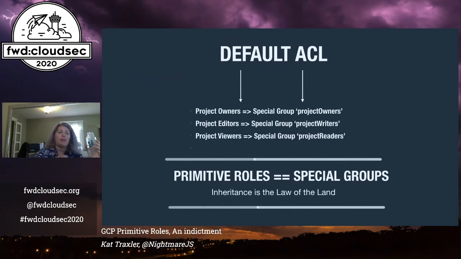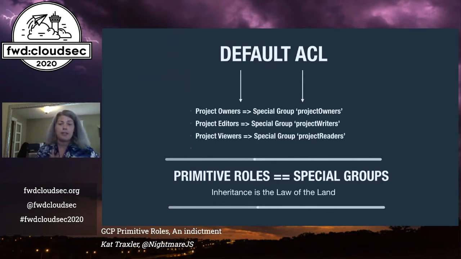This shows up when default ACLs are assigned and inherited in BigQuery. When a new data set is created in BigQuery, the creator of that data set is naturally and automatically granted the owner ACL. Makes perfect sense. Also, when a new data set is created in BigQuery, the three primitive roles are by default assigned ACLs.